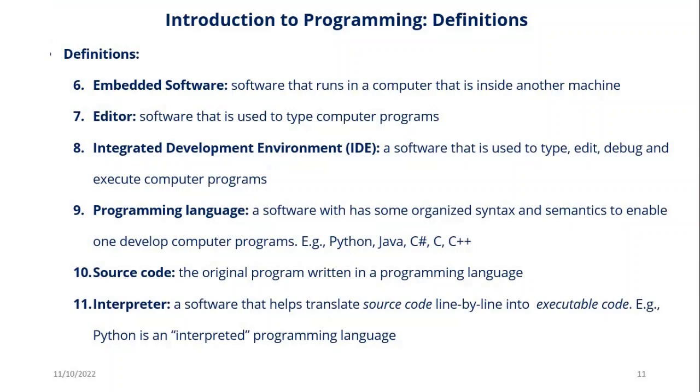The source code is the one you write. The executable code is the one that makes the computer perform an action. Python is an interpreted language. Some other languages are interpreted languages also. So let me explain this further.